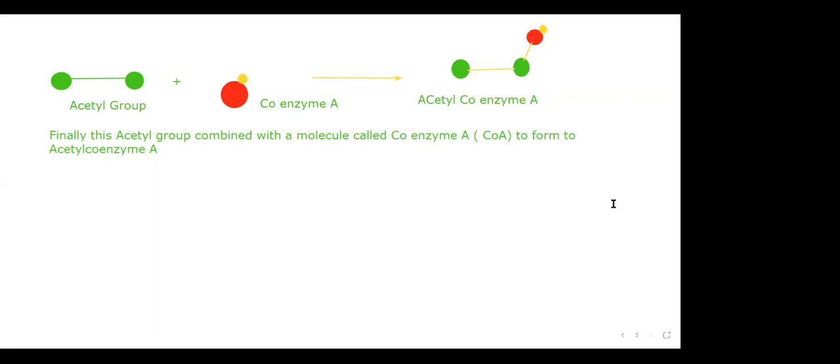Right. Finally, this acetyl group combines with a molecule called coenzyme A to form acetyl coenzyme A. So this is the end of the link reaction. So as a summary, what happened? Pyruvate converts to acetyl group, and acetyl group converts to what?